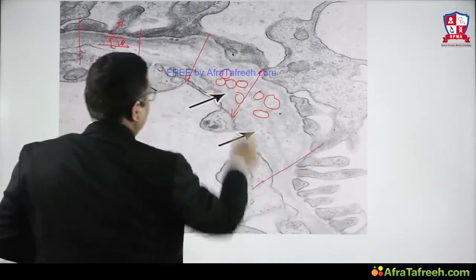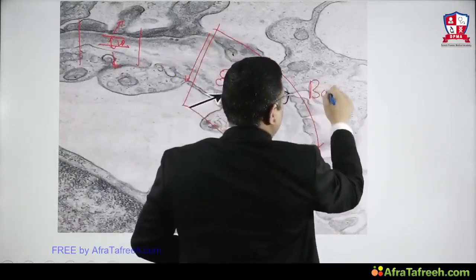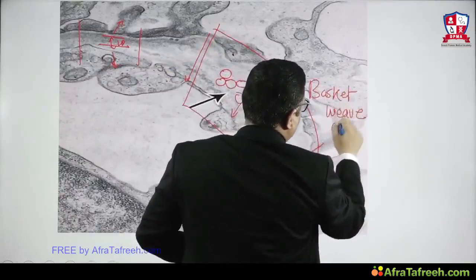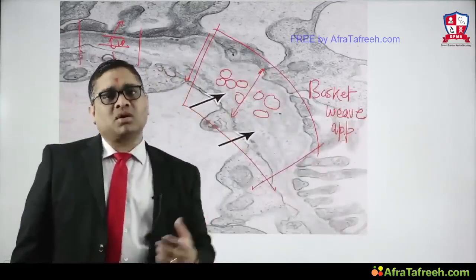That is why this area which I am showing you has a basket weave appearance, right? So this is called the basket weave appearance. This basket weave appearance is the diagnostic feature of Alport syndrome on electron microscopy.